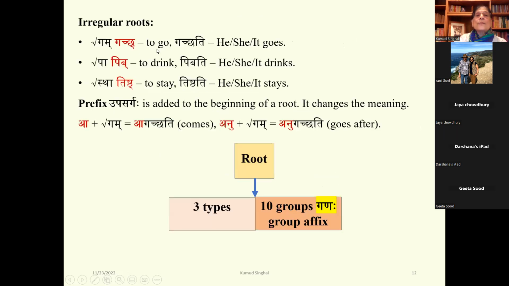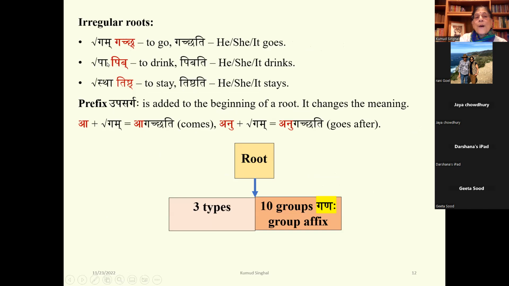Now, there are also many irregular roots in Sanskrit. A few examples: gam becomes gach, as we have seen, which means to go. Gachati, he, she, or it goes. Gachasi, you go. Gachami, I go.